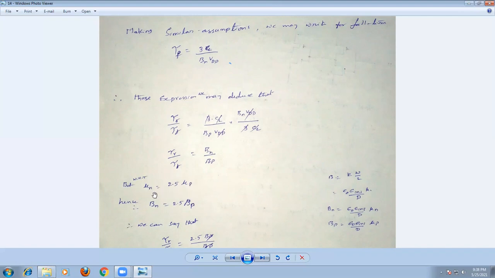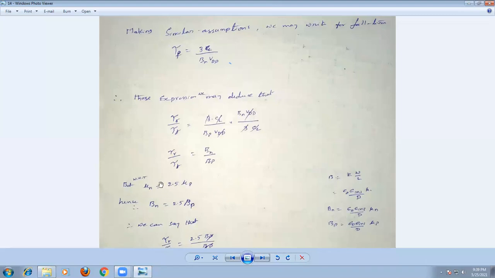The mobility of electron is 640 square centimeters per volt second, and the mobility of hole is approximately 240 square centimeters per volt second. So depending upon that, the mobility of electron is approximately equal to 2.5 times the value of mu P. So this is the condition.